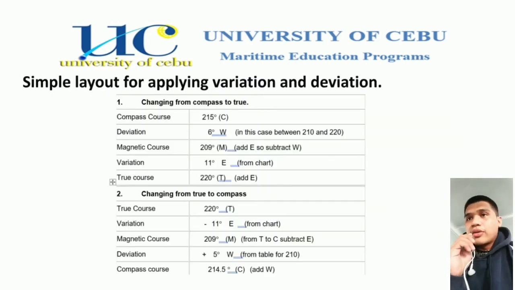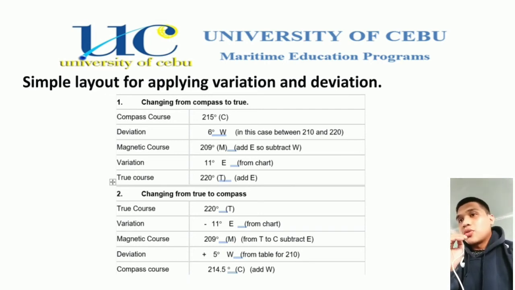So the simple layout for applying variation and deviation. First is changing from compass to true. So we have the compass course of 215 degrees, and the deviation of 6 degrees west. In this case, it is between 210 and 220. So our magnetic course is 209 degrees.